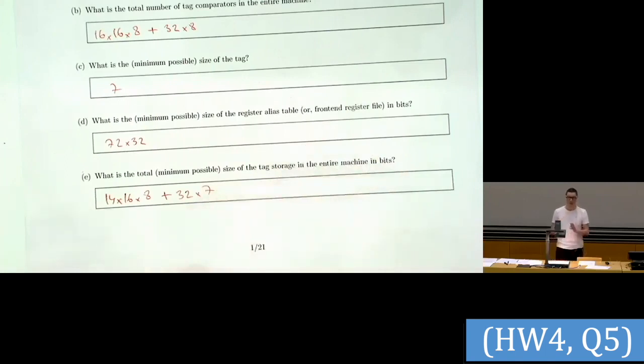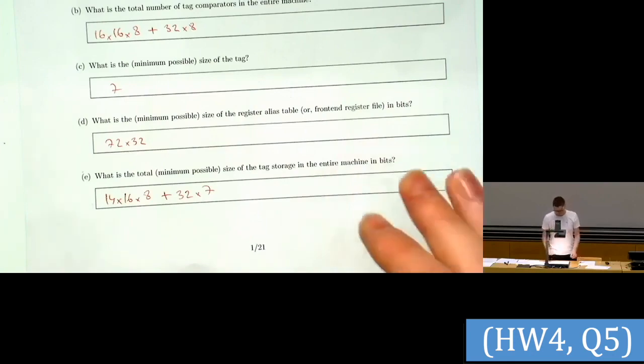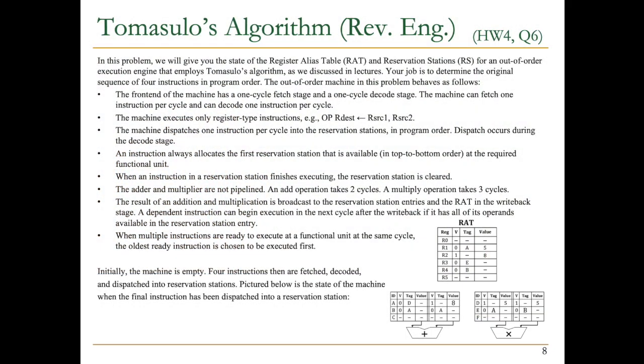We have only 7 bits in each entry. Okay. Is this the total minimum size of tag storage in the entire machine in bits? Okay, yeah. Everything clear? I think that this was a relatively simple question.